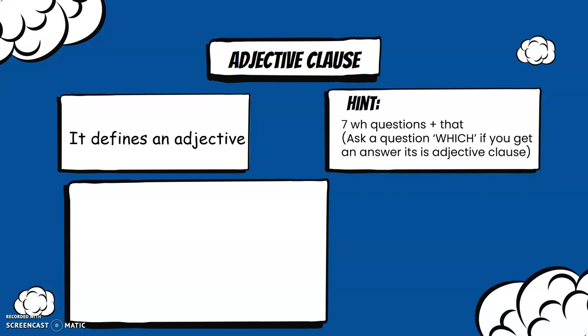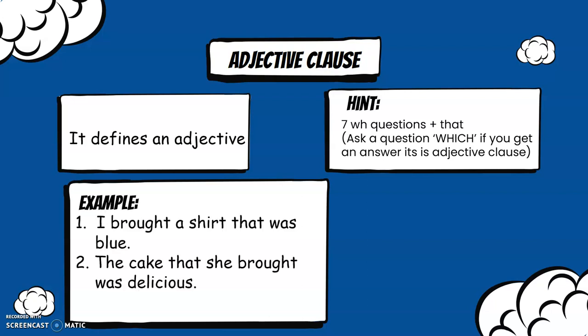First example, "I brought a shirt that was blue." So "that" is there. Now ask the question, which shirt did you bring? That was blue. And you got the answer "blue" from the subordinate clause. So it is an example of an adjective clause. Next, "the cake that she brought was delicious."